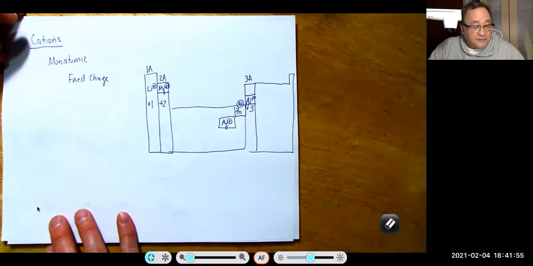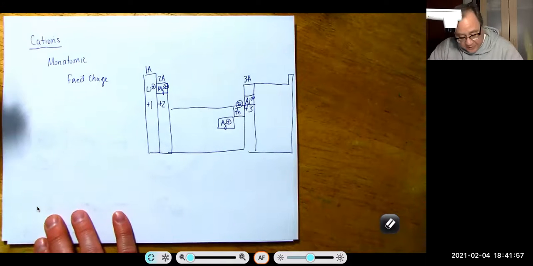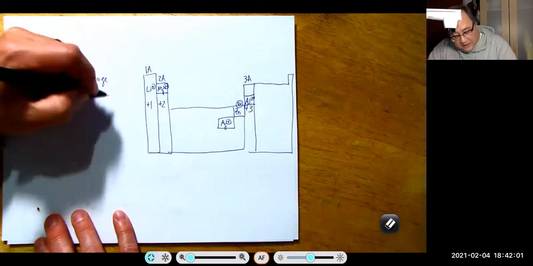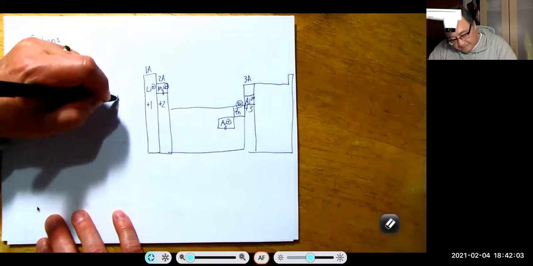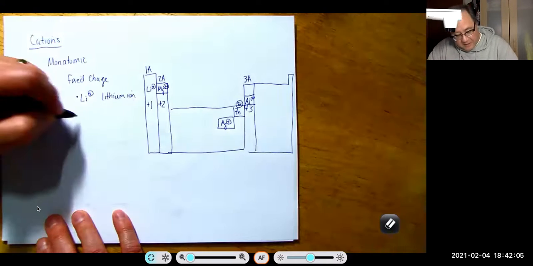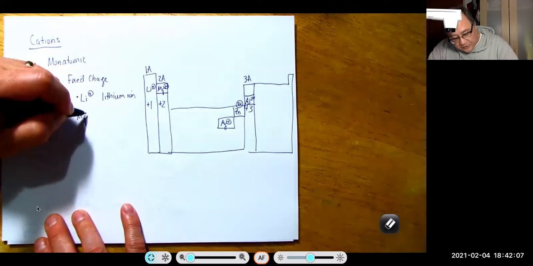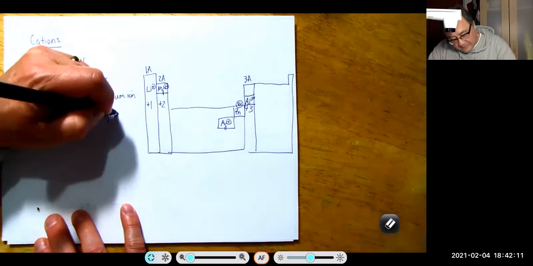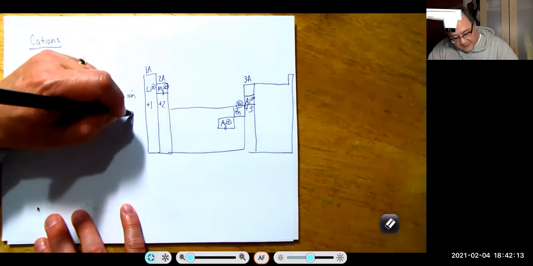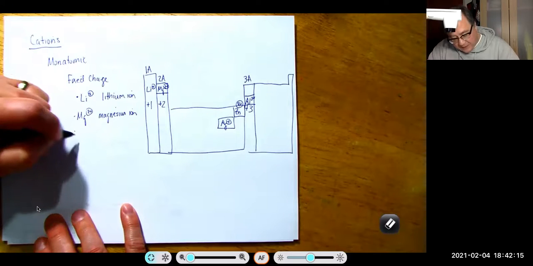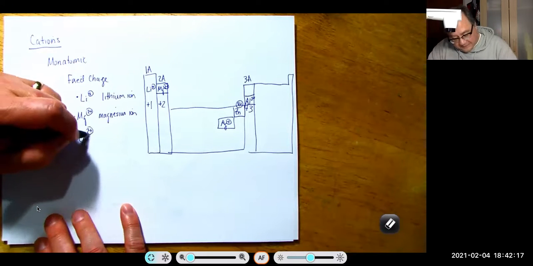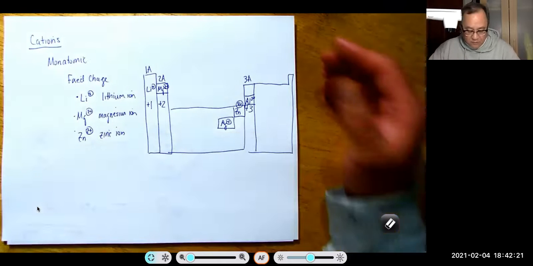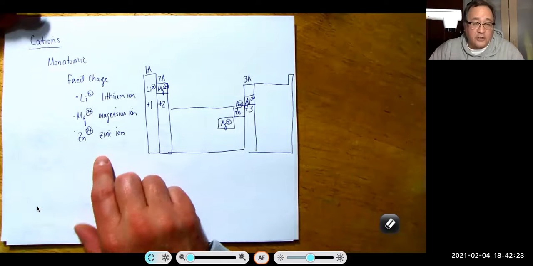How do you name the fixed charge cations? Well, it's pretty simple. Lithium with a +1 is called lithium ion. Magnesium with a +2 is called magnesium ion. Zinc with a +2 is called zinc ion. And so you might ask yourself, why don't we tell people the charge in the name?